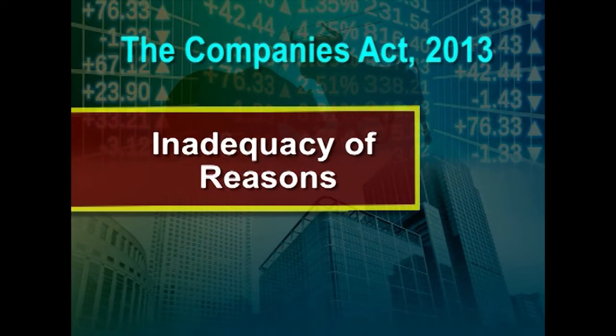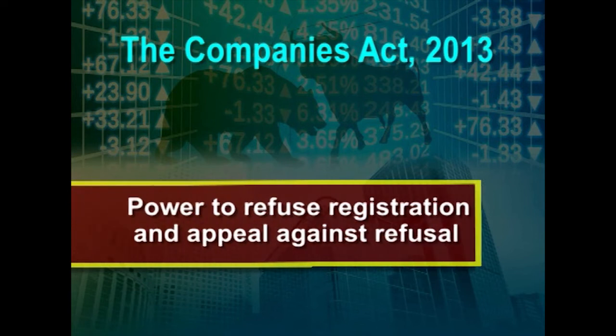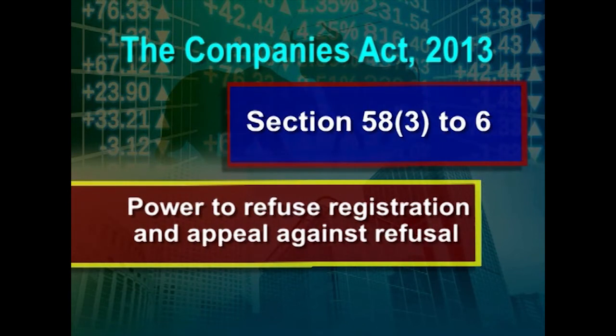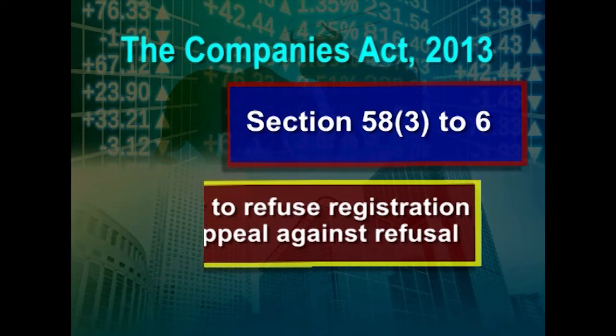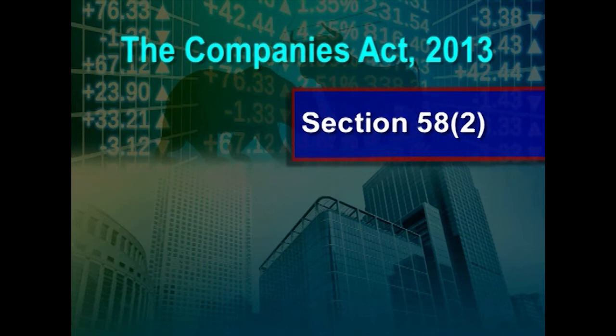B. Inadequacy of reasons. When the directors passed an order without giving any reasons, power to refuse registration and appeal against refusal. Section 58, subsection 3 to subsection 6. Section 58, subsection 2 specifically declares that securities or other interest of any member in a public company shall be freely transferable.